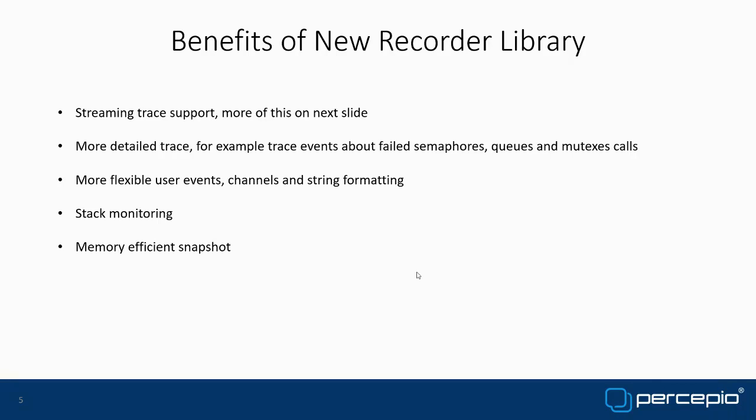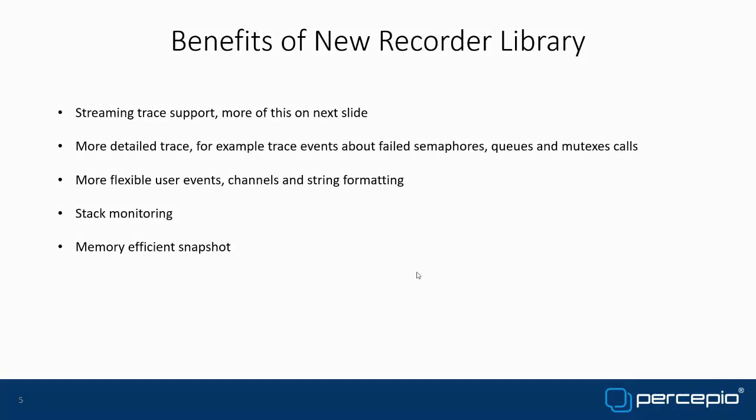For example, we have added more detailed tracing. For example, we can see in the trace if you have a call to a semaphore get that fails because of some wrong parameters and so on. We are adding some trace events that are not available in ThreadX by default. And we're also adding more flexible user events.